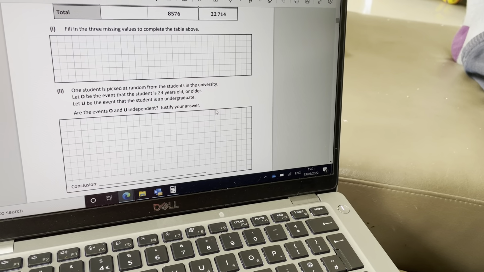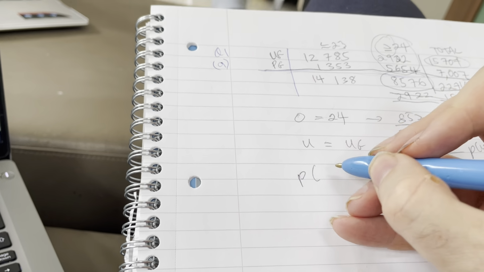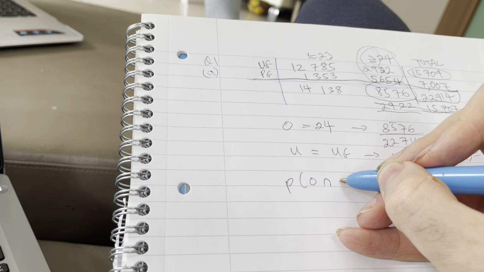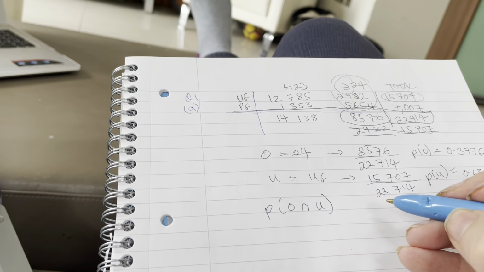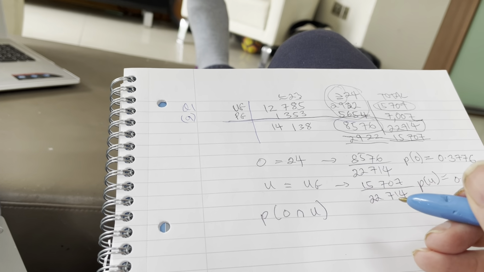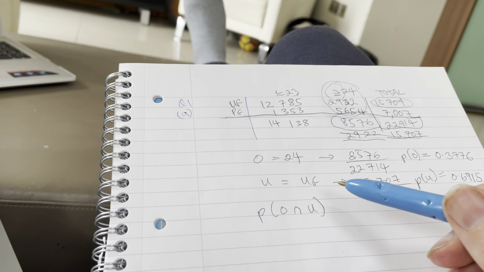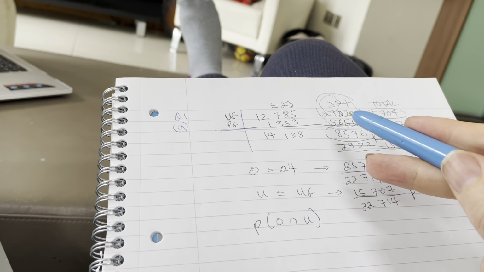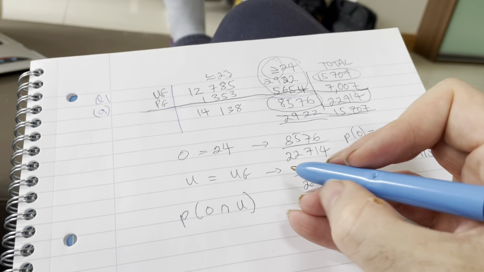Okay. Now let's get the probability of O intersection U. Bit unfortunate that U is used there, but okay, so that's the probability that the student is an undergraduate and is the older guy. So the old washed up undergraduate.